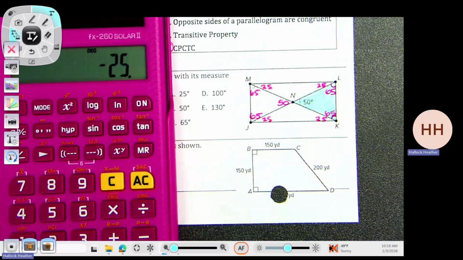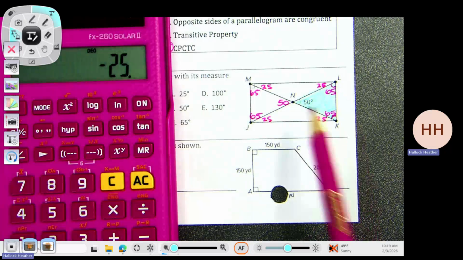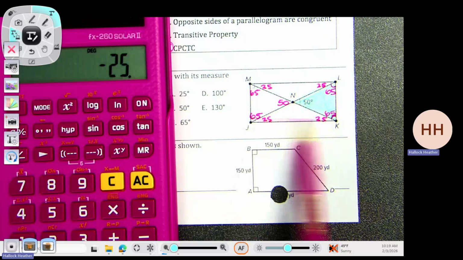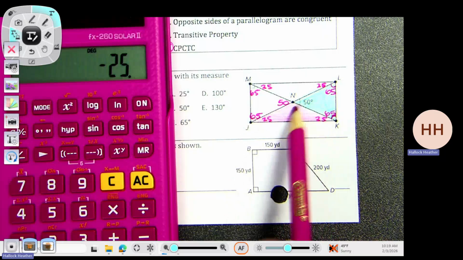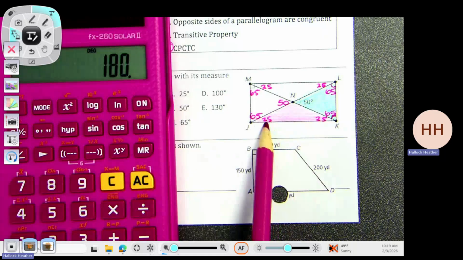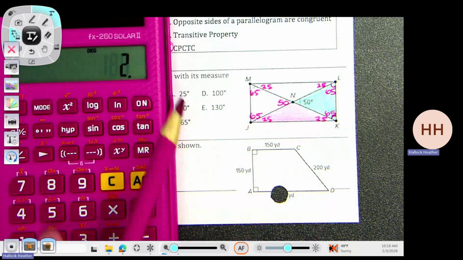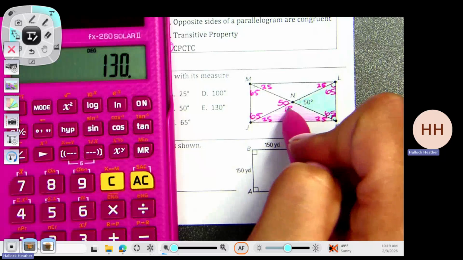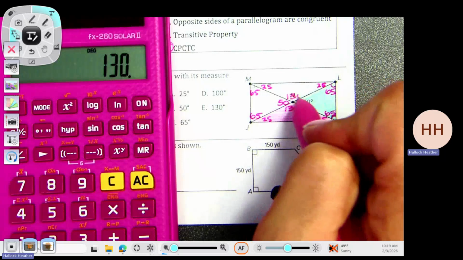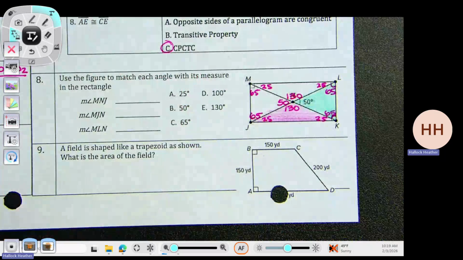And then the last thing you have to do is make a triangle again. Another triangle is going to add to make 180. So I have this bottom triangle. I have two 25s. I need this big angle at the top. So I take 180. I minus both 25s. So I get 130 for this angle, and then vertical angles are congruent. So now we just have to fill in our answers.